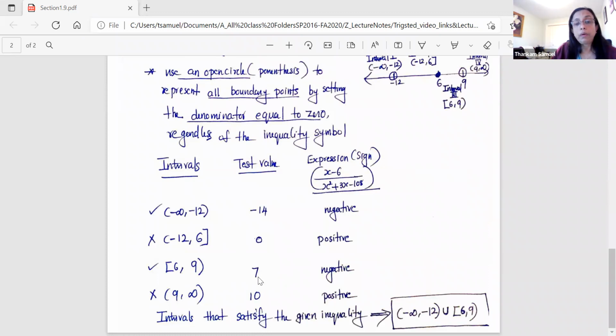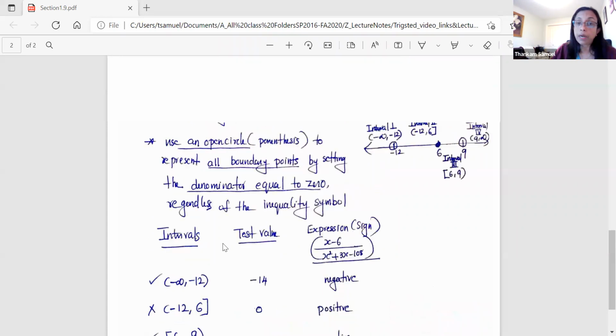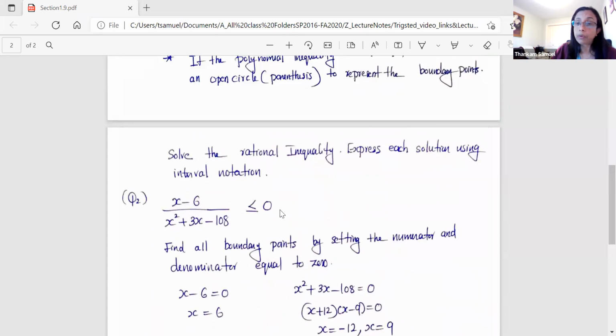This value makes the expression negative, so it satisfies the inequality. From the last interval, we can choose 10. Substituting gives a positive value, so it doesn't satisfy the inequality because ours is less than or equal to 0.